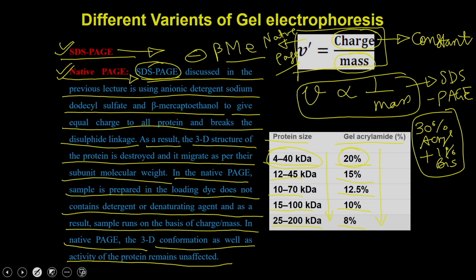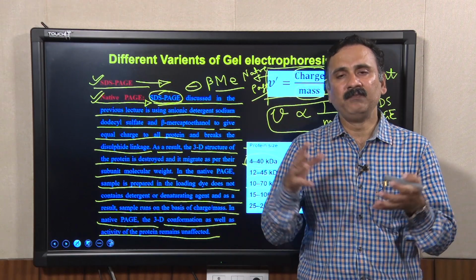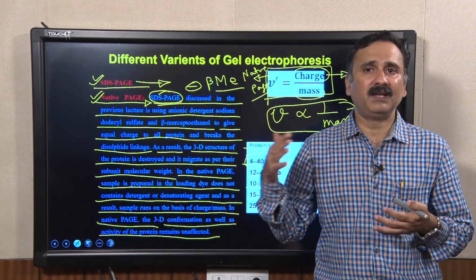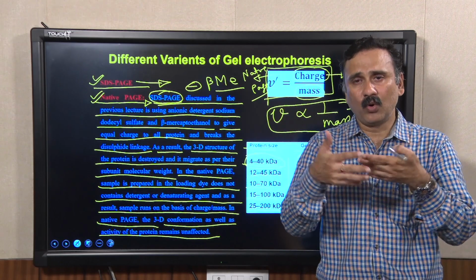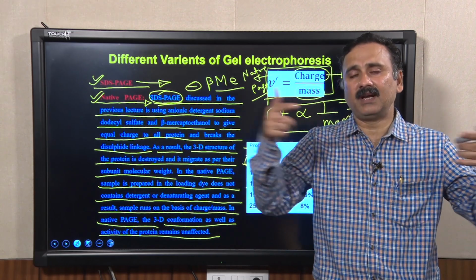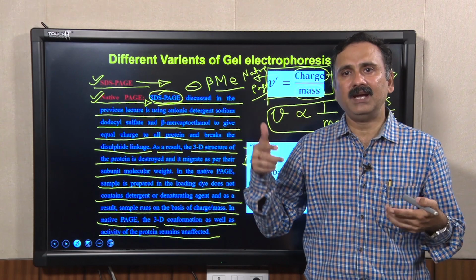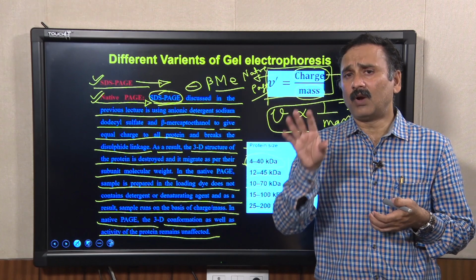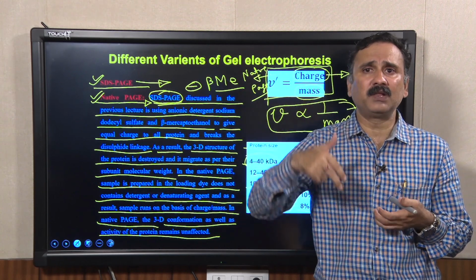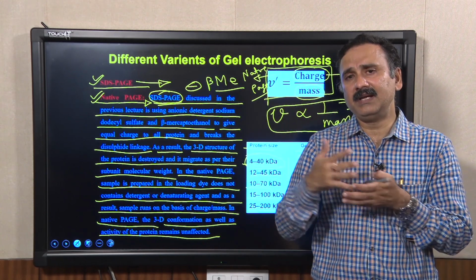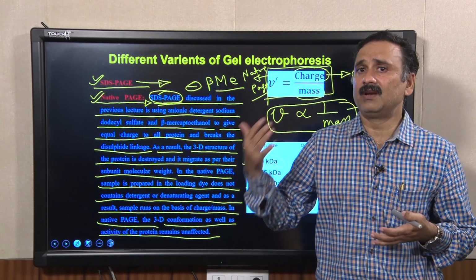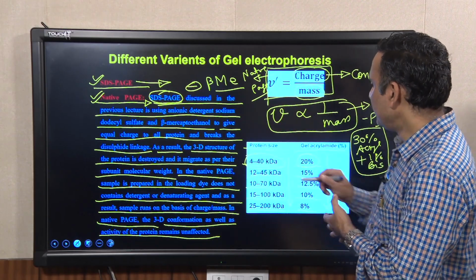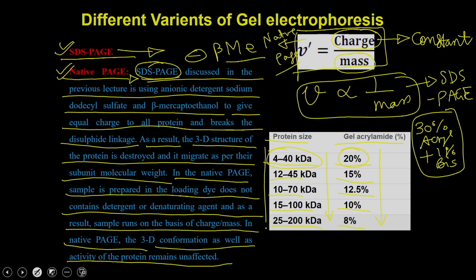If you remember, I have shown you that when the acrylamide gets cross-linked by the bisacrylamide, the fibers get connected and that creates a pore or mesh, and the molecule has to pass through that mesh. So, if you take very highly concentrated acrylamide, the high molecular weight proteins are not going to enter. So, from a practical reference point of view, these values are utilized.